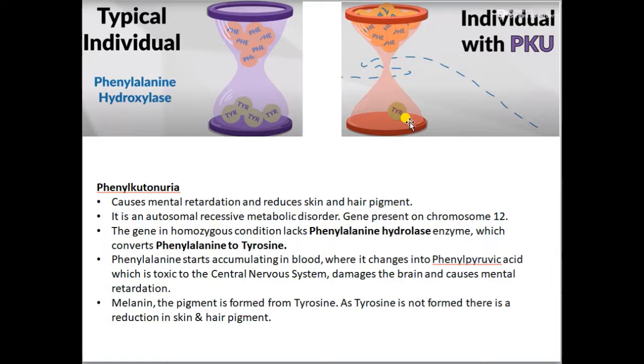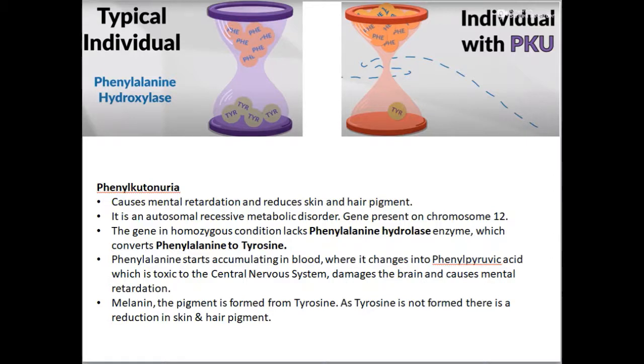When this mutation happens, tyrosine is also not formed, and as a result, it will reduce the skin and hair pigment formation also. So the mutation in one particular gene located on chromosome 12 is resulting in mental retardation and reduced skin and hair pigmentation. So this is another case of pleiotropy, as you all know.